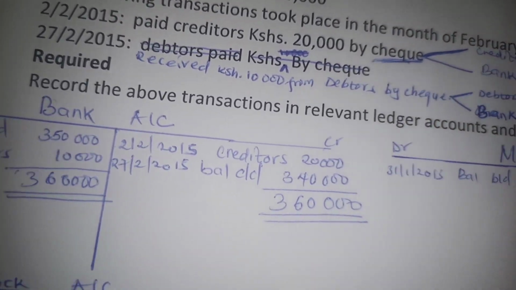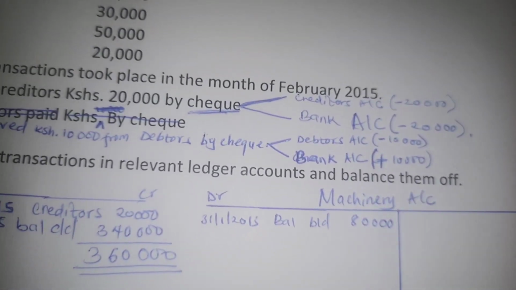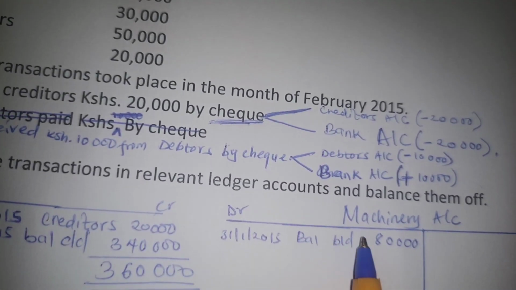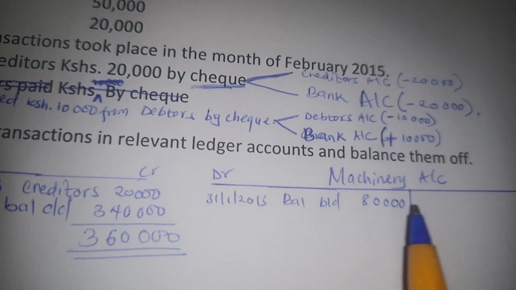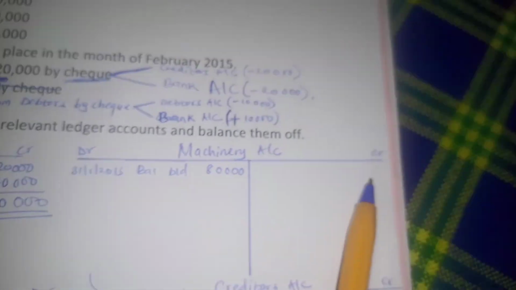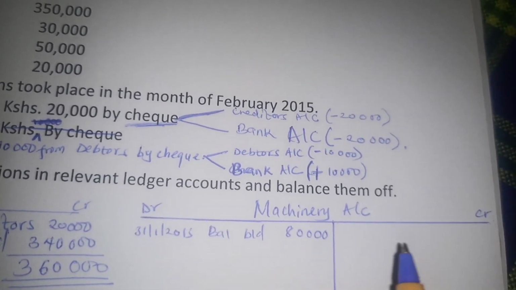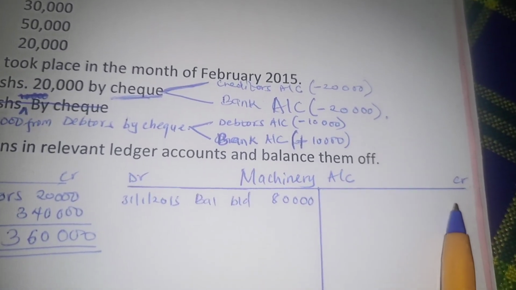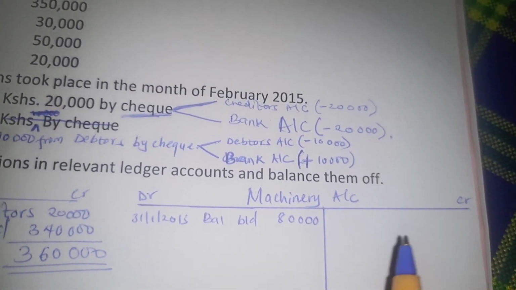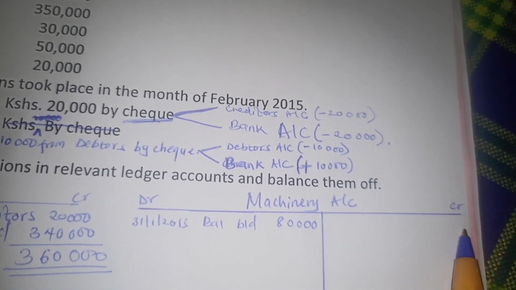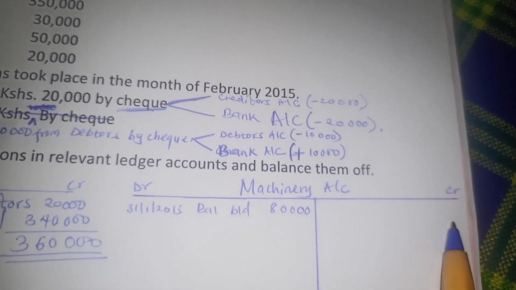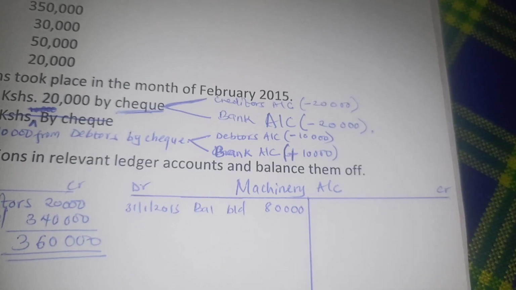Next is the machinery account. In the machinery account, we have one item here on the debit side. On the credit side, we don't have. So when you're getting the totals, we say that the debit side has 80,000. The total for the credit is 0. So what is the difference between 80 and 0? It is 80,000 minus 0 to give us 80,000.